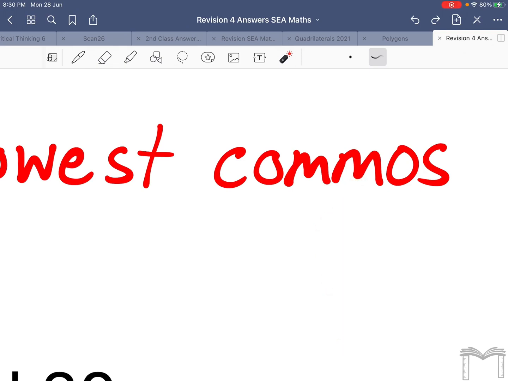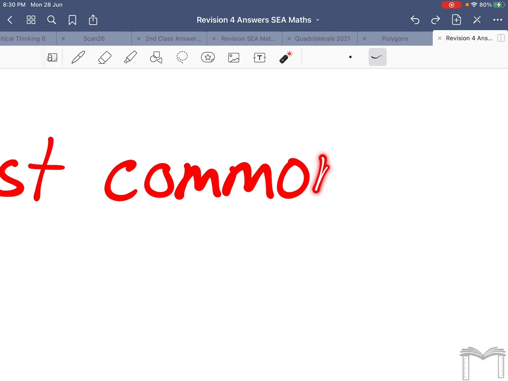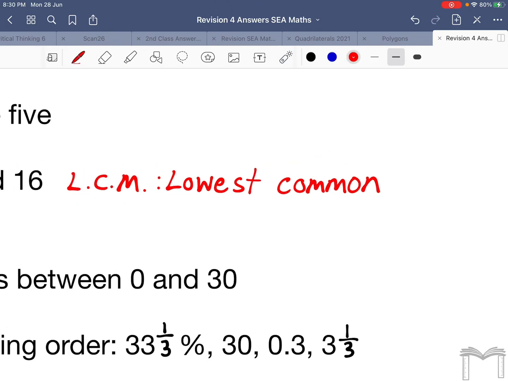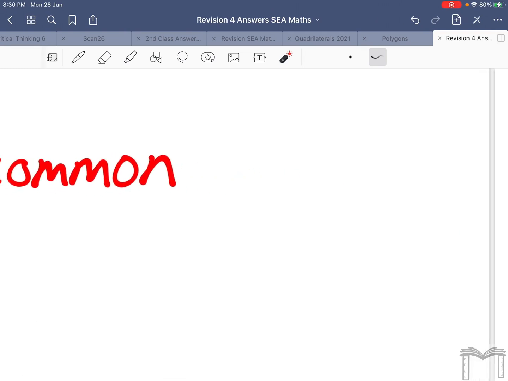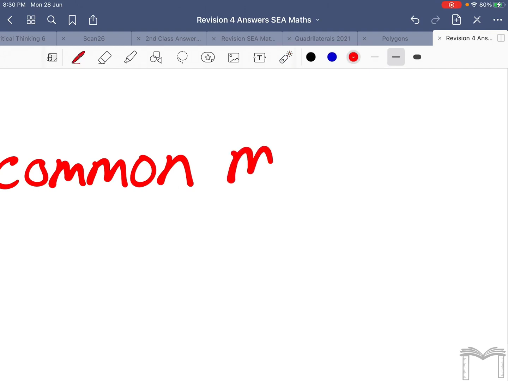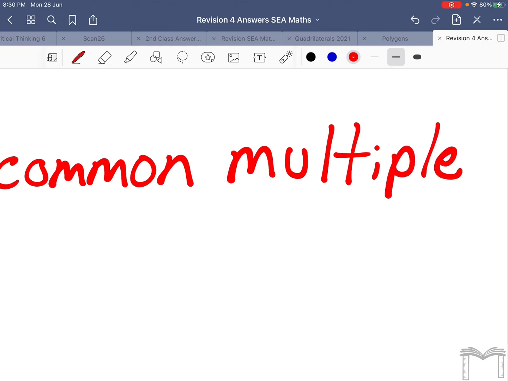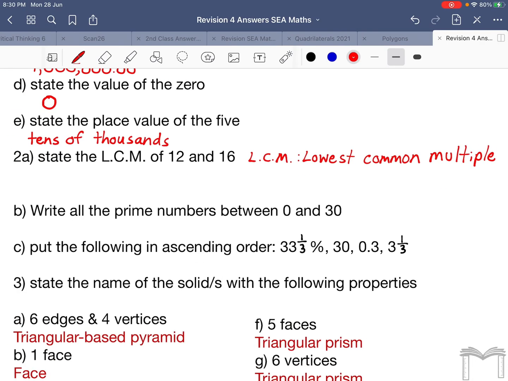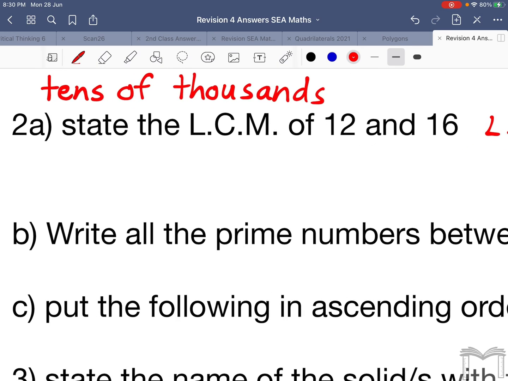Okay, great. Lowest common multiple. So what we will do is write out some of the multiples for 12 and 16 until we find a common multiple.